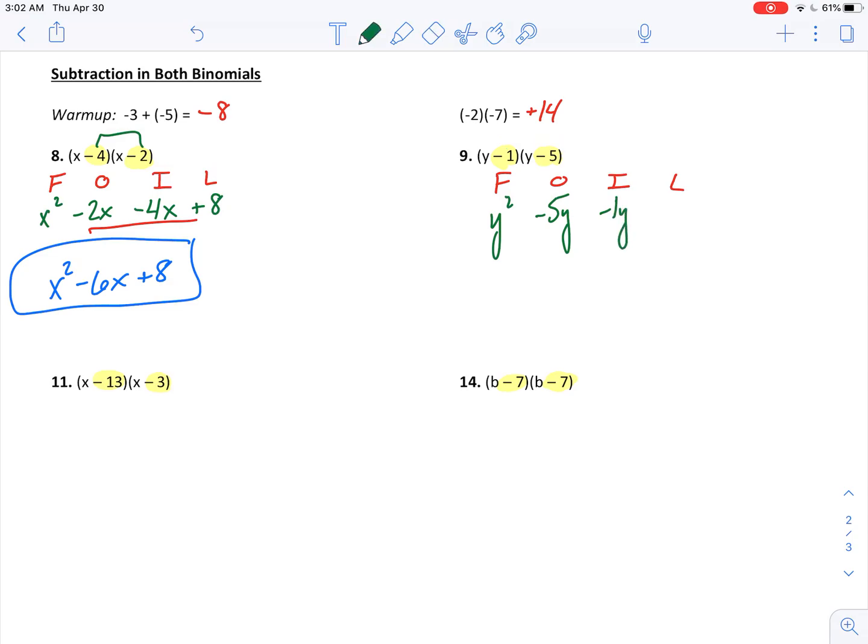And the very last product, negative 1 times negative 5. Negative times negative is a positive, and 5 times 1 is 5. So then we can find our like terms in the middle. We'll combine those. Y squared minus 6y plus 5.